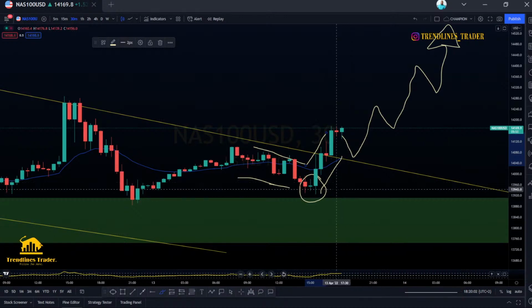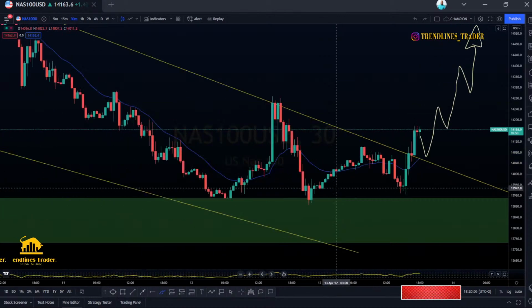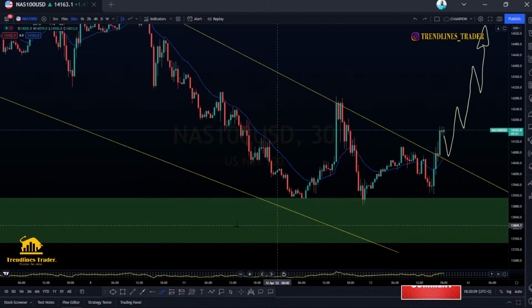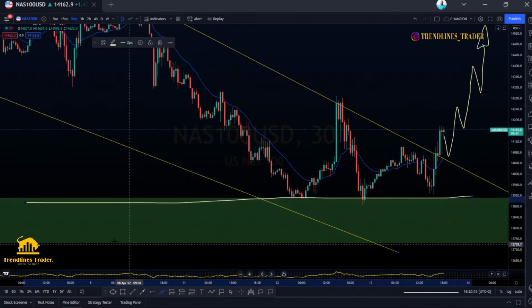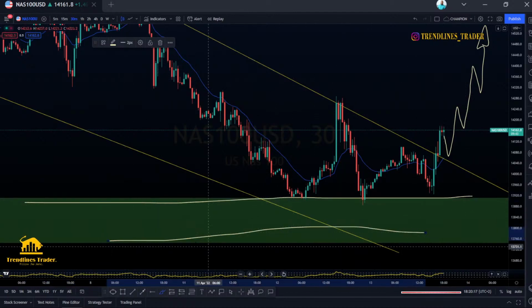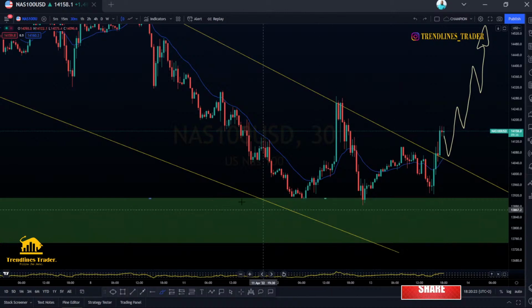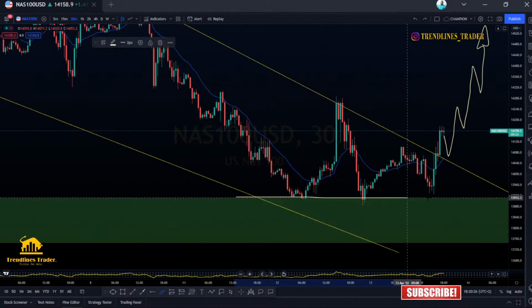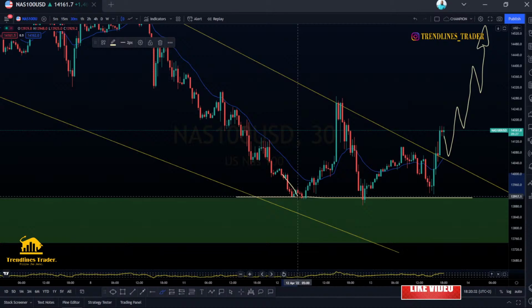Why I want you to witness this is because of where our price is at the moment. Remember this green band that is here, it's the level that I was saying we should take as a significant level. One thing I want you to know is that this area right here is important because previously the price treated this level as a support.